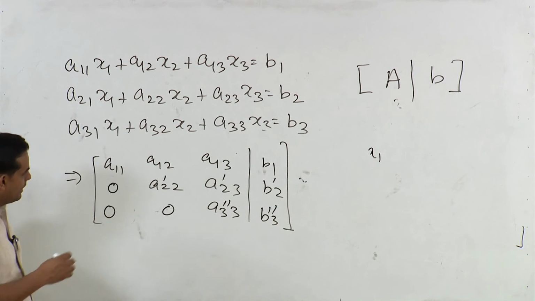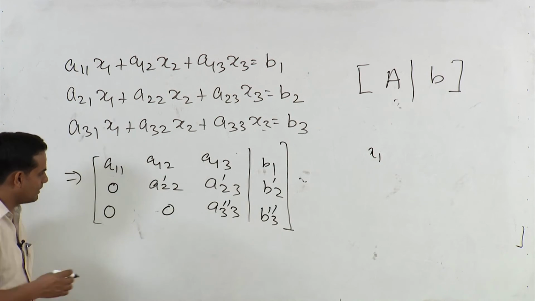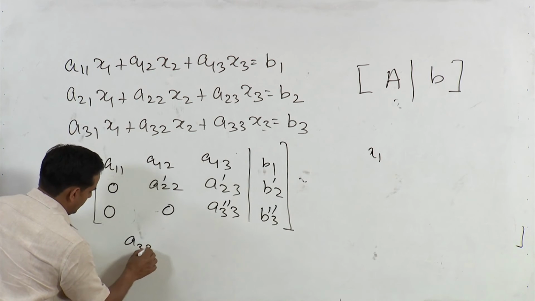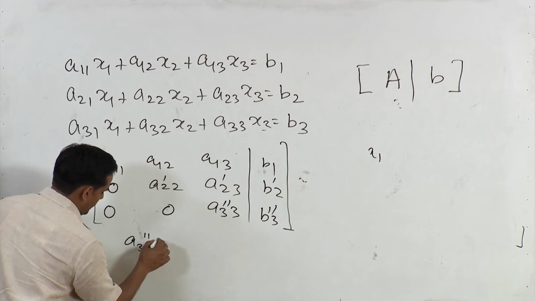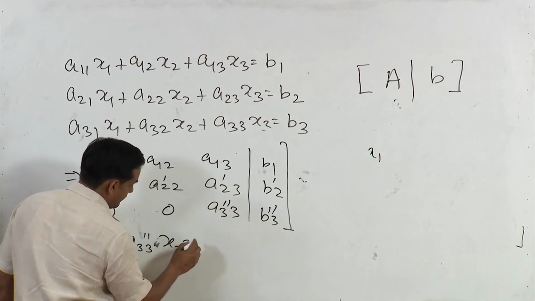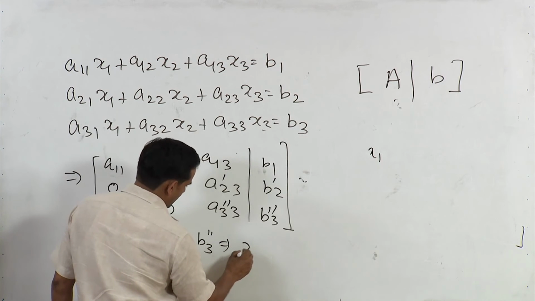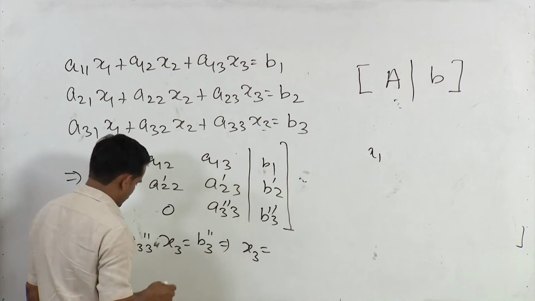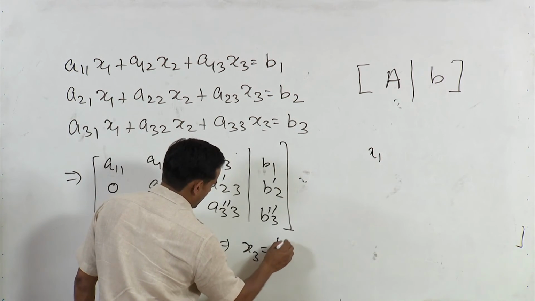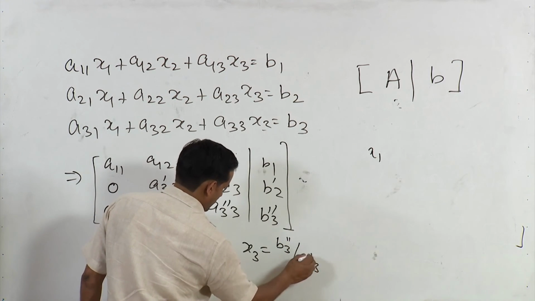Now, if you see this in the system of linear equations, from the last row I will have a33 double prime times x3 equals b3 double prime. So, this will give me x3 equals b3 double prime upon a33 double prime.